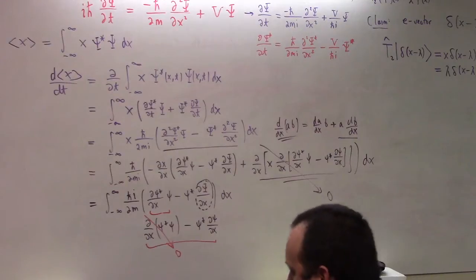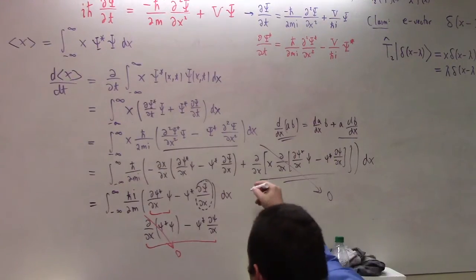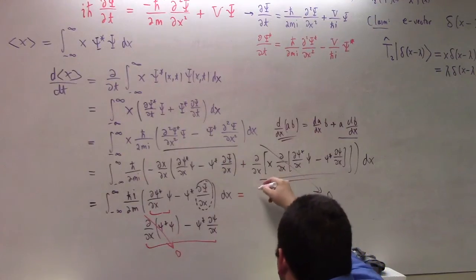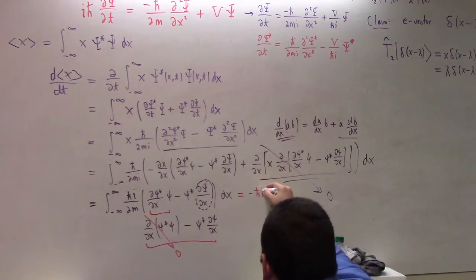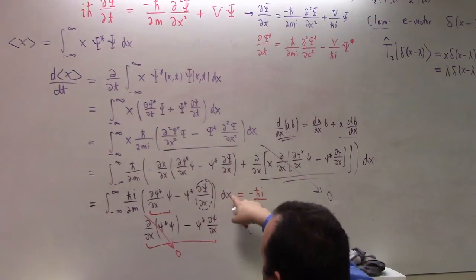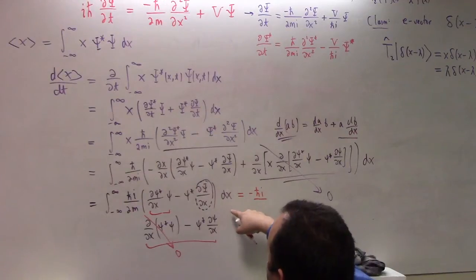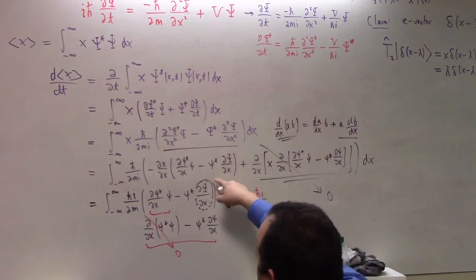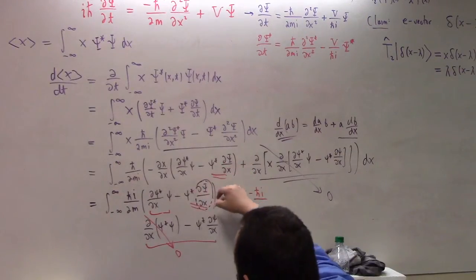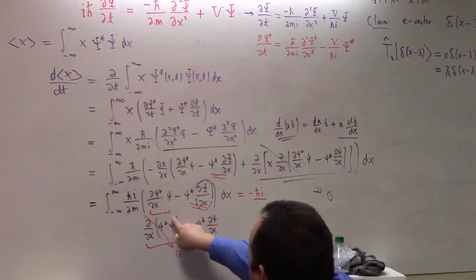And then I've got, looks like, minus h bar i over m. I don't have a 2 there. The 2 is gone because I got 2 of them, right? I've got this one up here already, that's still here, and then this one converts to that.